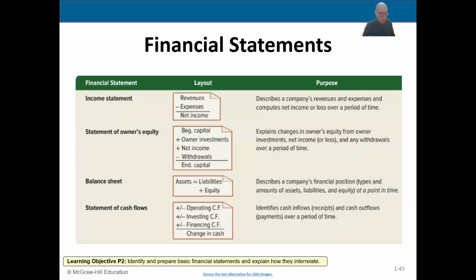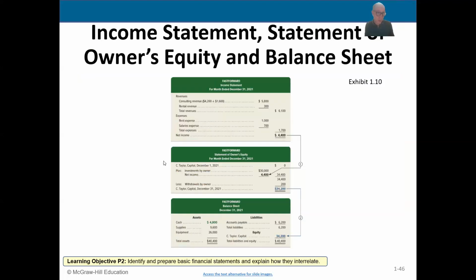Just as the name implies, financing activities comes from things like the purchase or sale of stock, bonds, loans, financing. So those are the four primary financial statements. We're going to be talking a lot about these statements over the next 15 weeks.